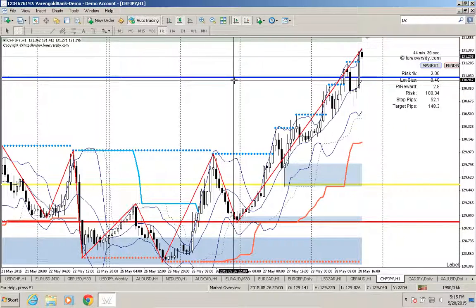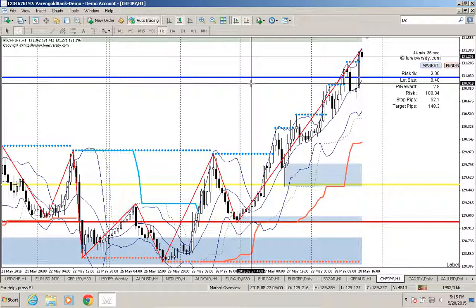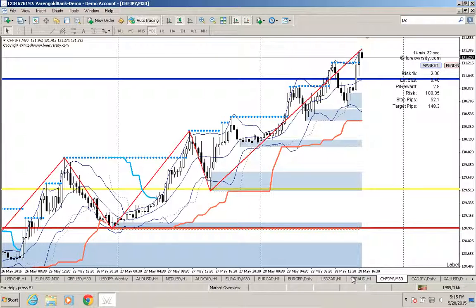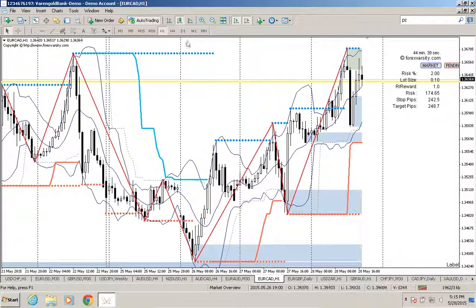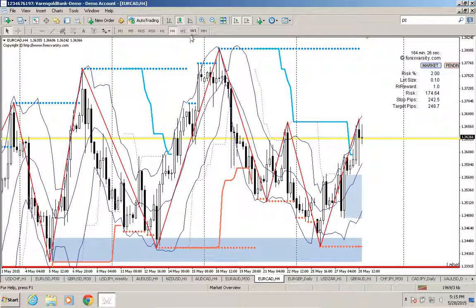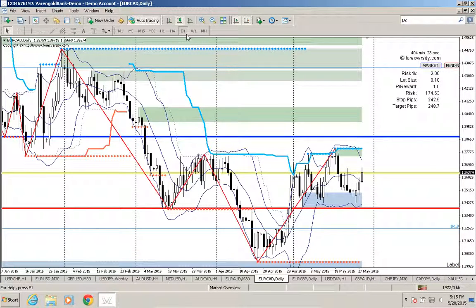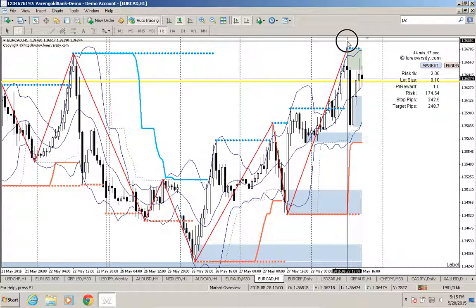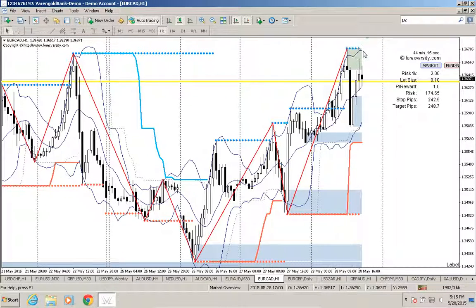Okay, if we go to euro CAD on a 1 hour chart, you see price hasn't made a high or a low in the last 5 candles. But price is more towards the upside, more towards the high.